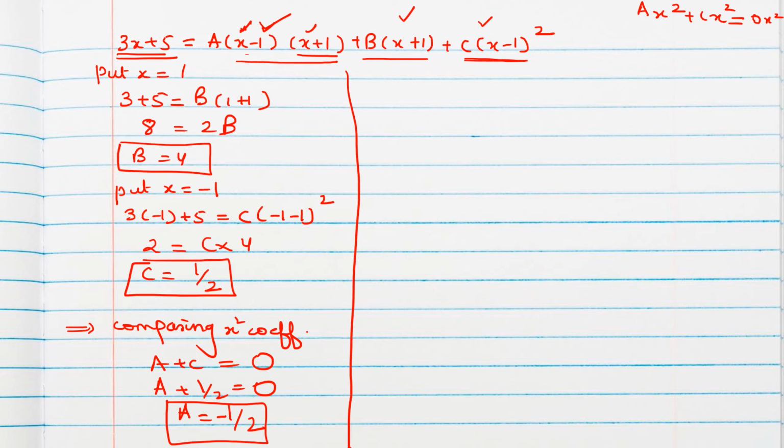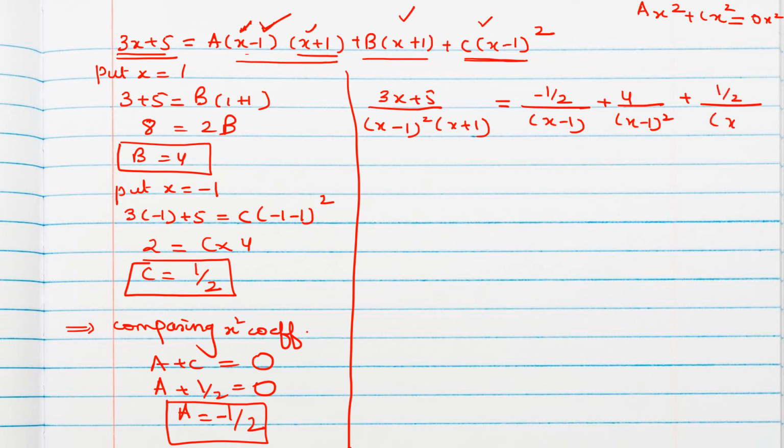Now we'll substitute in that equation: 3x plus 5 divided by x minus 1 whole square x plus 1 equals a, which is minus half, divided by x minus 1, b is 4 divided by x minus 1 square, and c is 1 by 2 into x plus 1.